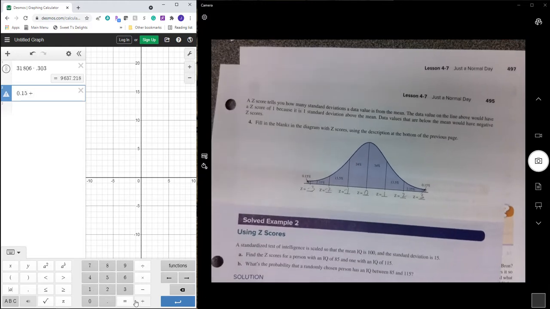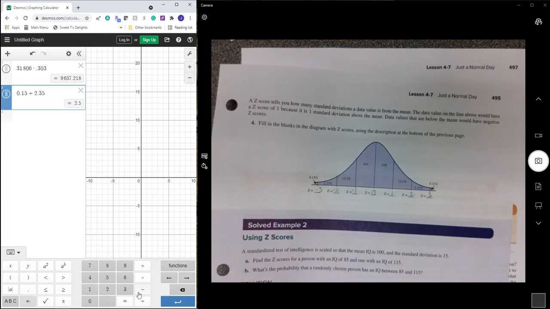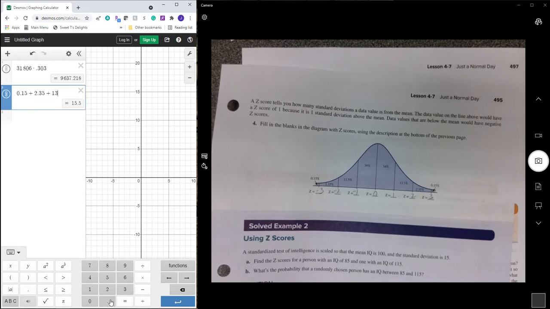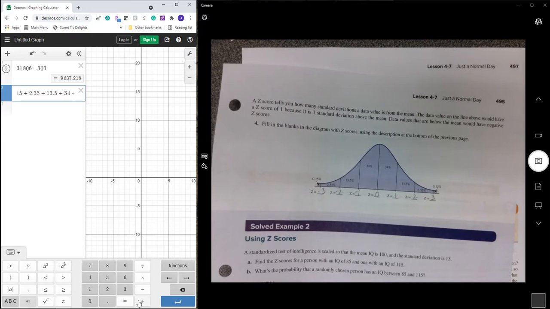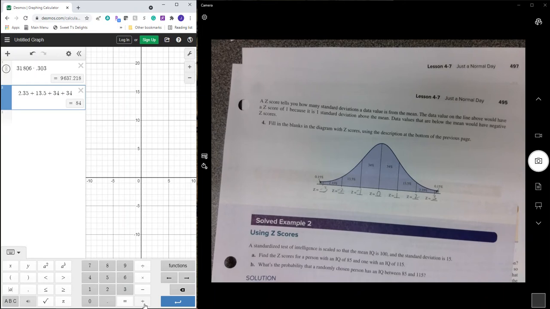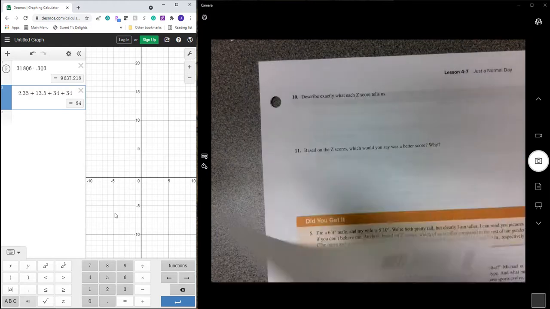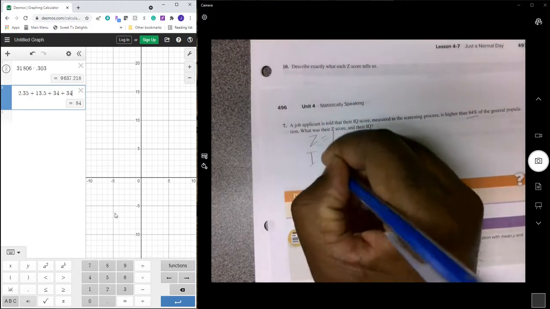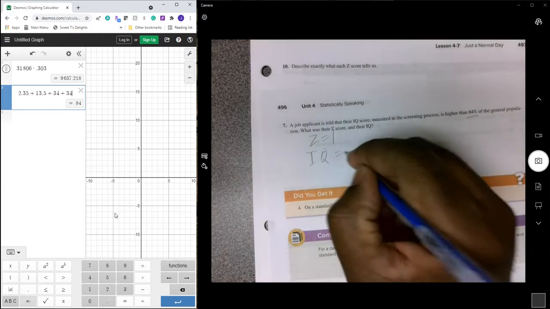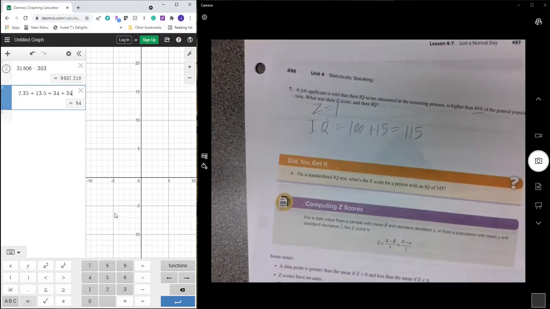I'm not going to put the percent sign, just the decimal form: 2.35 plus 13.5 plus 34 plus 34. So if you notice here, this is 84, and we know that's 84%. So it ends at this last 34, which is a z-score of 1. So we will put z equals 1, and then our IQ at a z-score of 1, we know the mean is 100, standard deviation is 15, so the IQ is 115.